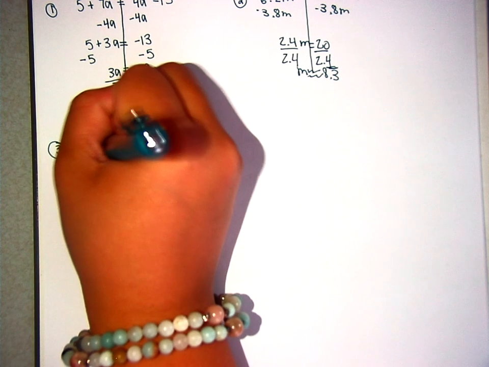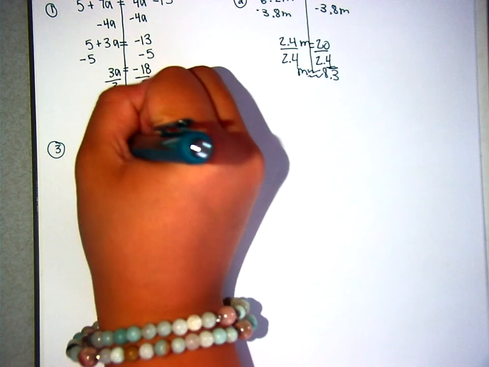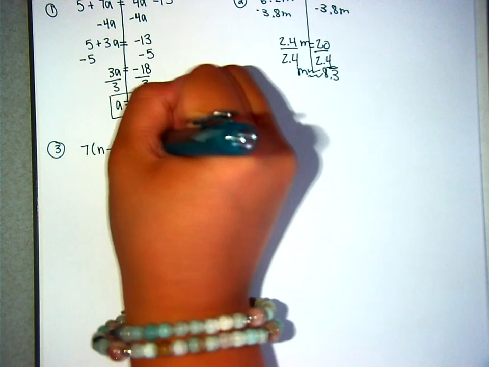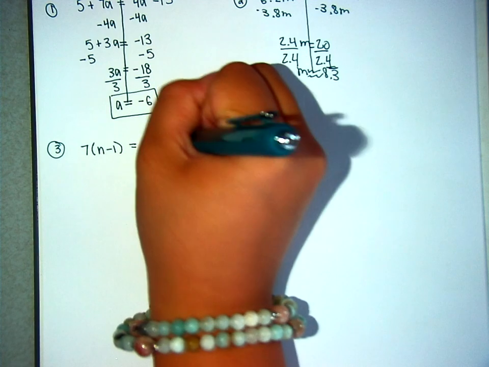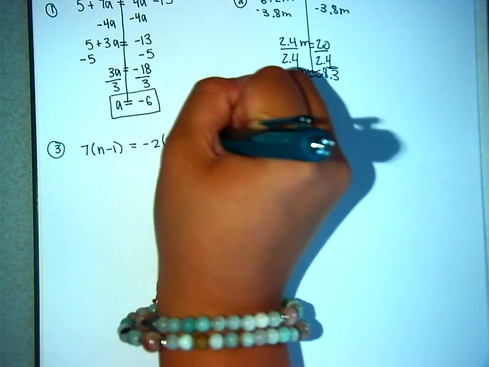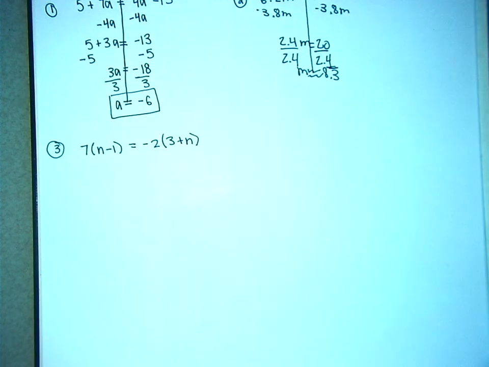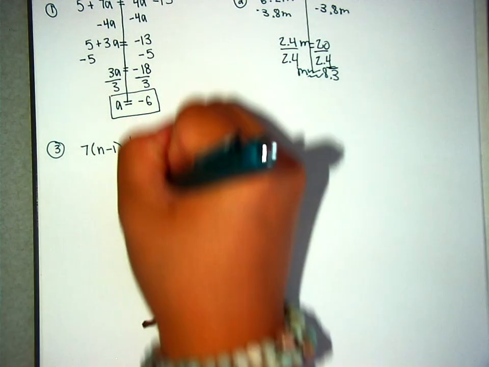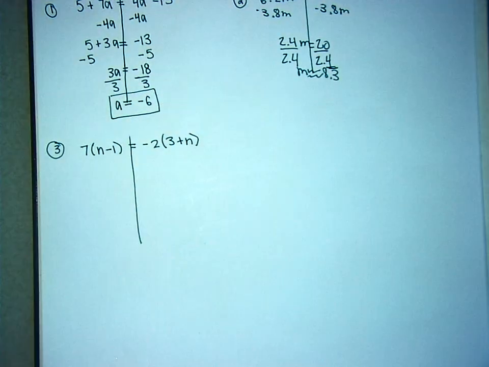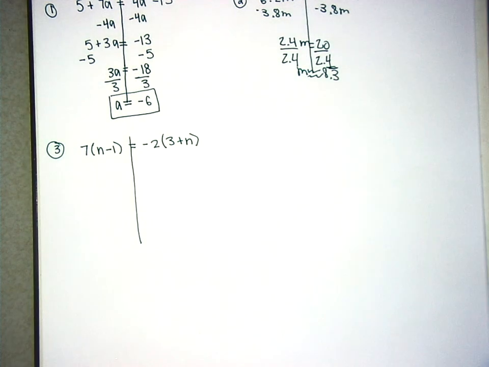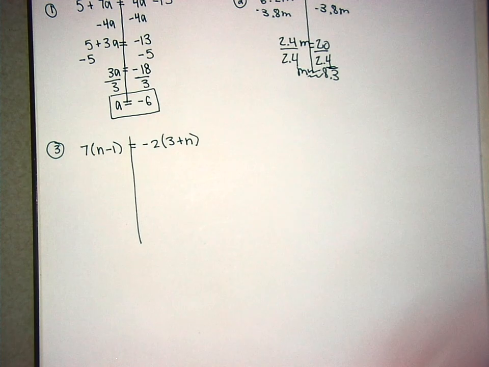Example number 3: 7 times (n minus 1) equals negative 2 times (3 plus n). When I see these parentheses, I'm going to distribute.